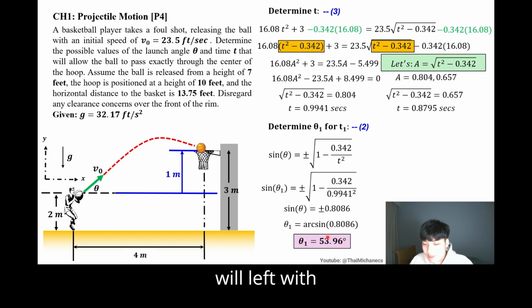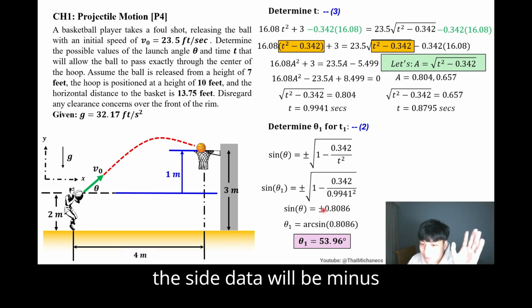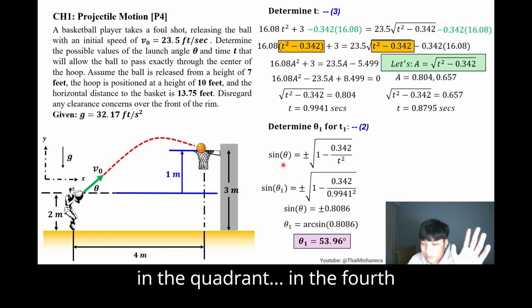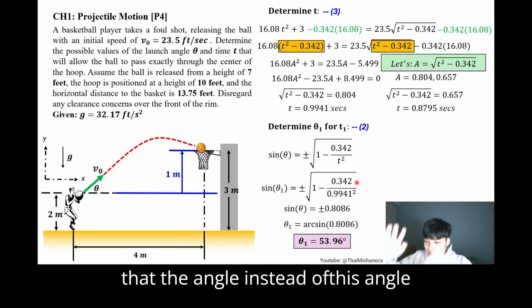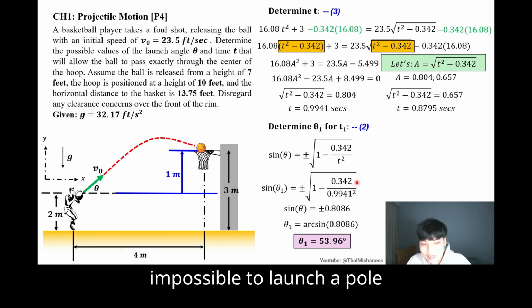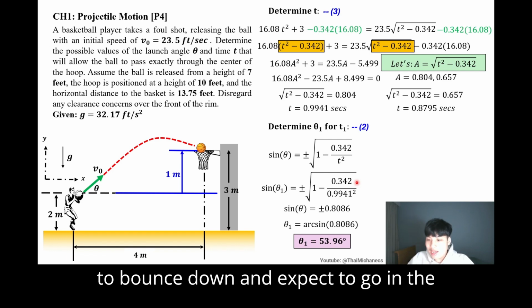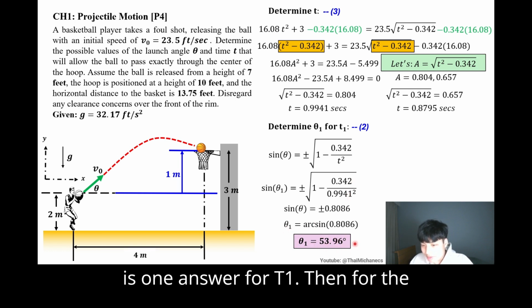We are left with 33.96 degrees. The reason I didn't select the minus is that sine theta would be negative in the fourth quadrant, meaning the angle would be downward like this, which is impossible, since you can't launch a ball downward and expect it to go in the hoop. So this positive angle is one answer for t1.